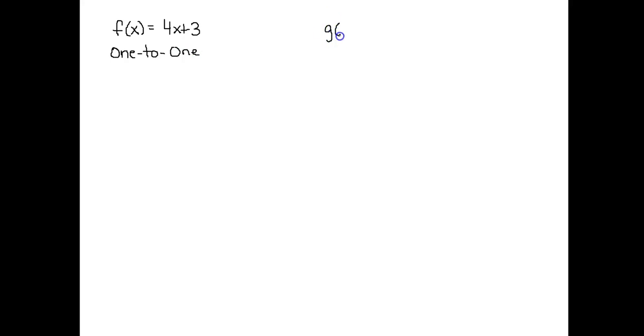Then we have the function g of x equals x minus 3 over 4. Actually, another linear function, because you could also write this as 1/4 x minus 3/4. So if you want it in the slope-intercept form, you see the slope is 1/4, y-intercept's at negative 3/4. So it's another one-to-one function. So the question is, are they inverses?